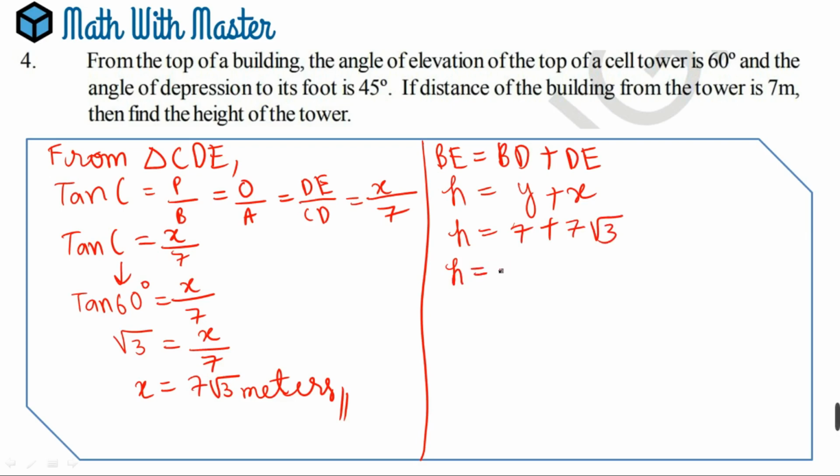So H is equal to, now make 7 common. 7 times 1 plus, now instead of root 3 we can write 1.732. So H is equal to 7 into 2.732. Don't confuse here, the value of root 3 is 1.732.